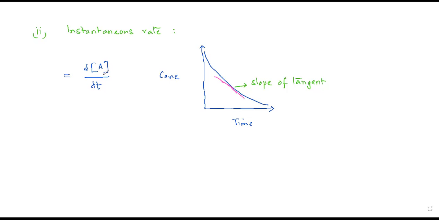I think you know that the slope of tangent is like y2 minus y1 by x2 minus x1, right?